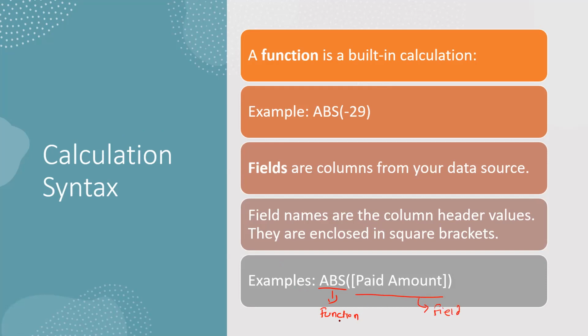The function can be ABS or sum or average, whatever we have, that can be my function in Tableau. If the field is enclosed in open and close square brackets, then this is my field name. So it should start with this square bracket.